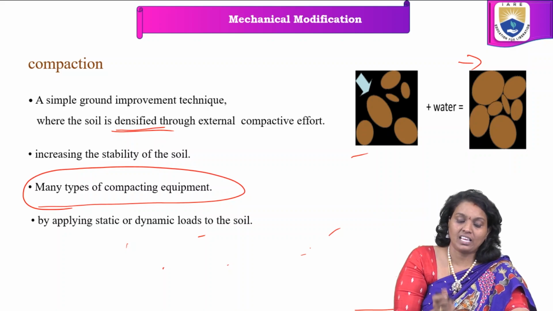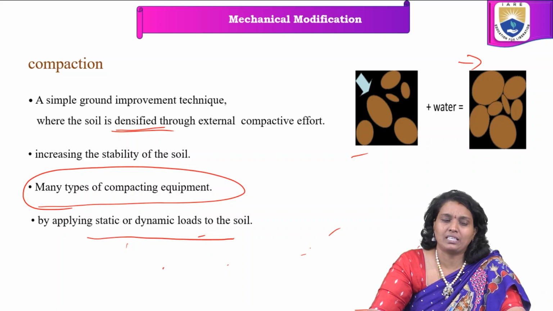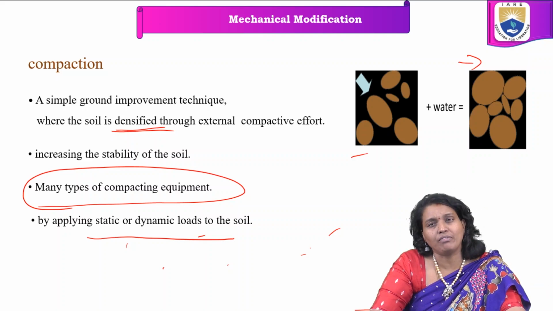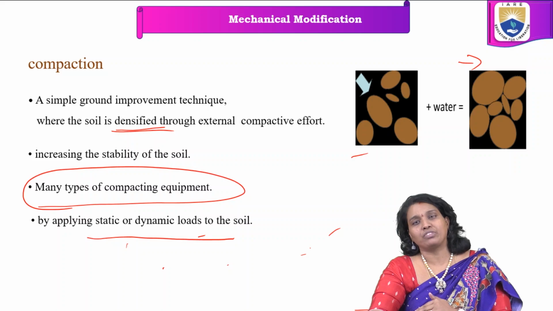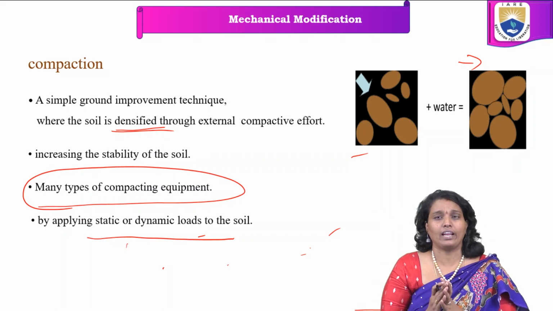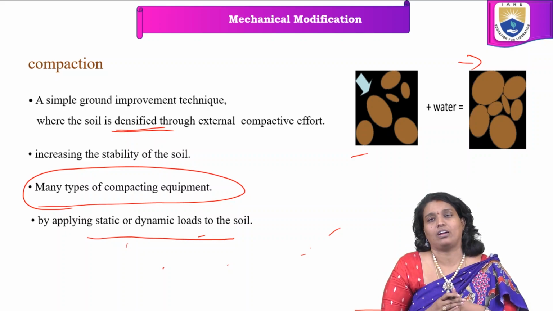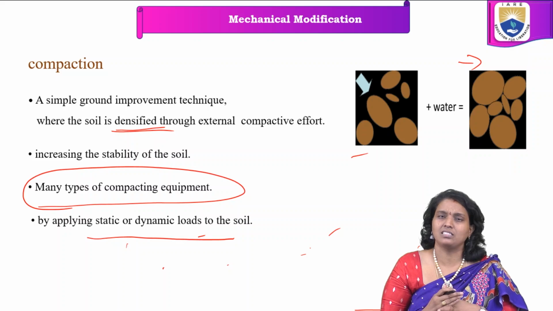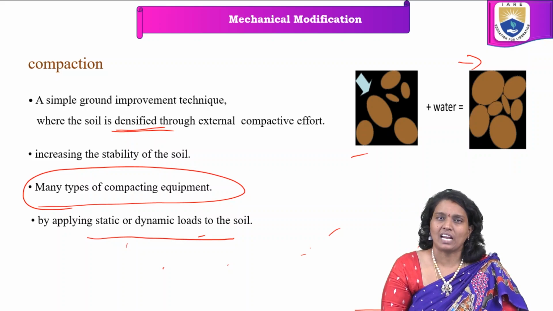By applying the static and dynamic loads to the soil, it depends. Sometimes static rollers are enough for getting the required compaction. Sometimes they may not be, because of the depth and denseness of that soil. The simple rollers and vibrators may not be enough for densifying the soil by using static loads.